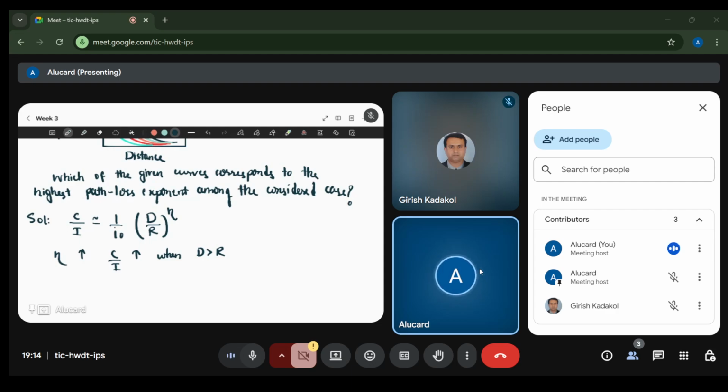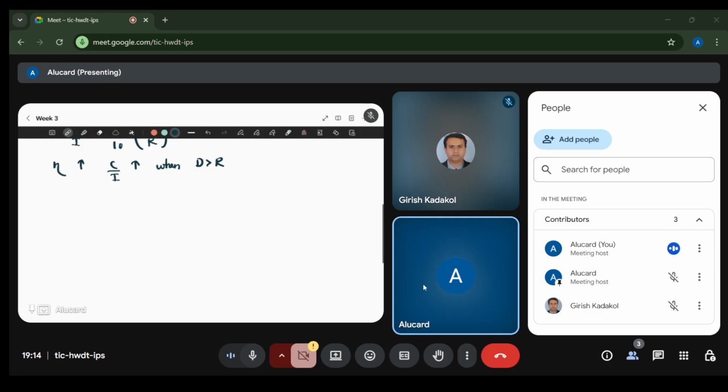So that means the higher the path loss exponent, the faster your received power falls off. And that should enable you to answer the question. Basically, I've almost given you the answer, but still, just a little bit of work from your side is also required.